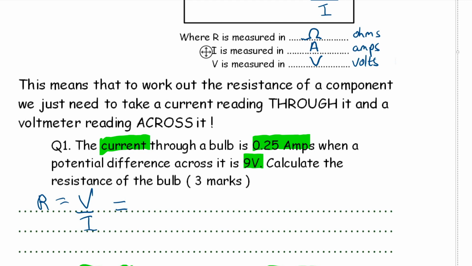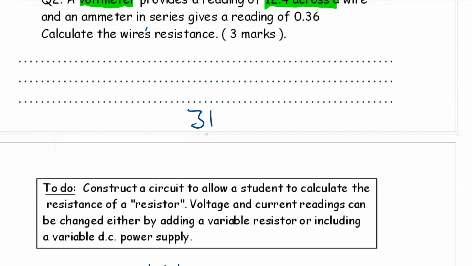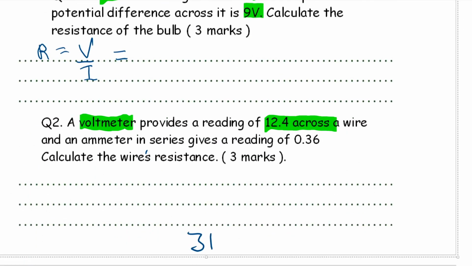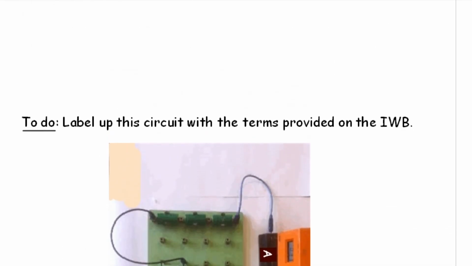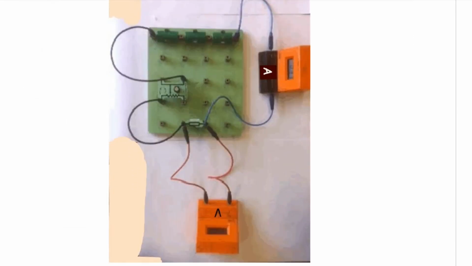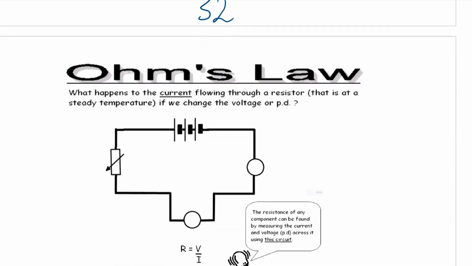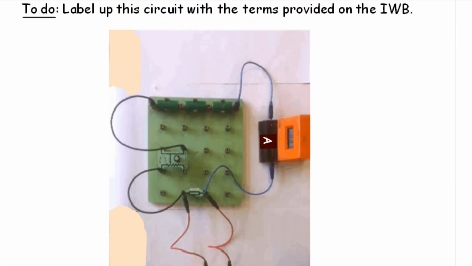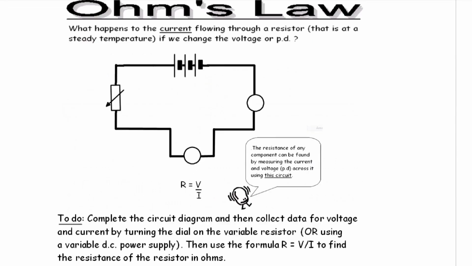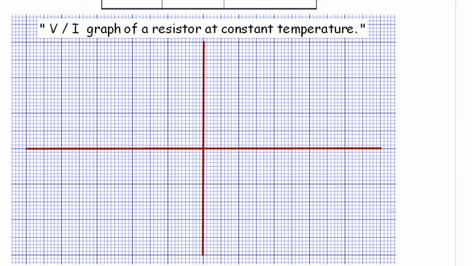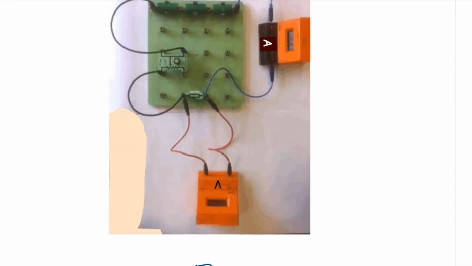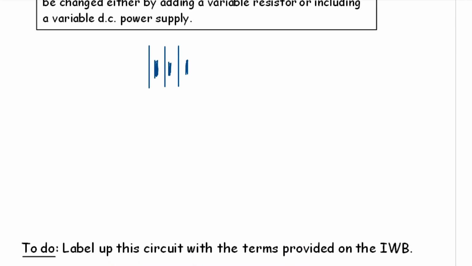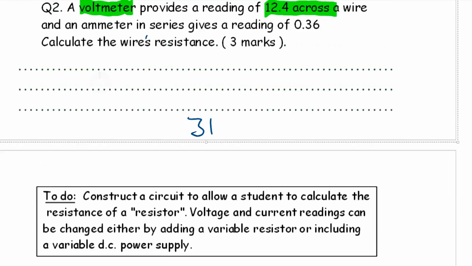Now the reason we're doing these quick questions, question 1 and 2 in a moment, is to build up to the main part of today's lesson, which is to learn how to set up the Ohm's law circuit, and then you're going to be plotting some data and then understanding the different shapes of the graphs for the resistance, a filament bulb, and for a diode. Okay, we'll take our time.